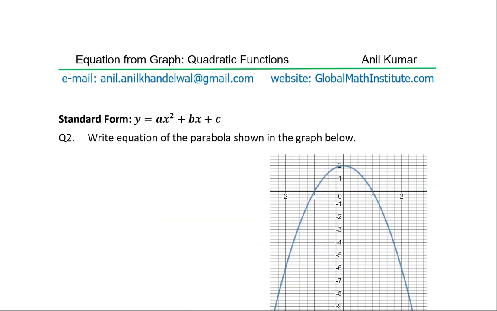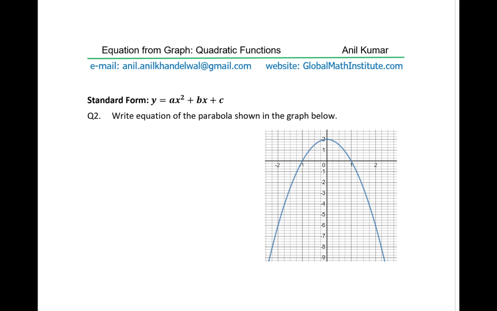We'll take up a very simple case. Here in question number 2, we will write down the equation in the standard form, which is y equals ax squared plus bx plus c. Question number 2 is, write the equation of the parabola shown in the figure below. Let's identify the key points from the graph. One of them is the vertex, which is at 0, 2.